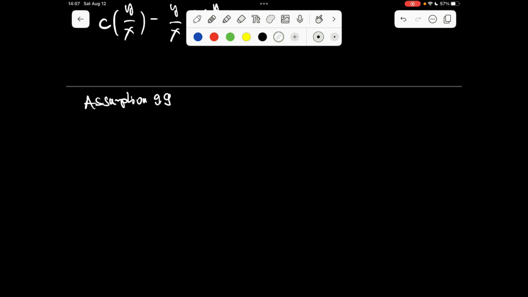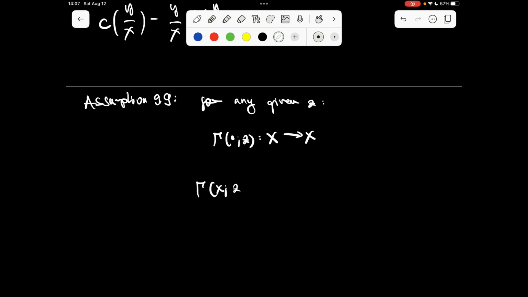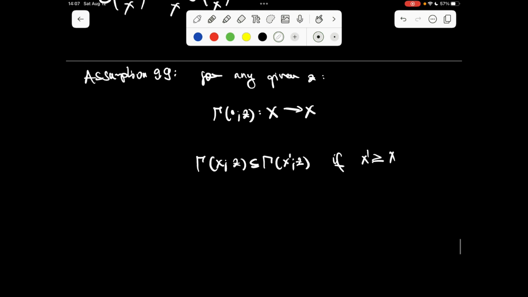According to assumption 9.9, for any given z, the correspondence must be such that if x prime is higher than x. What is the problem?